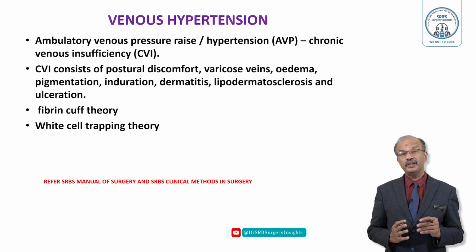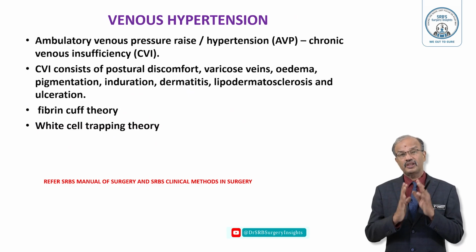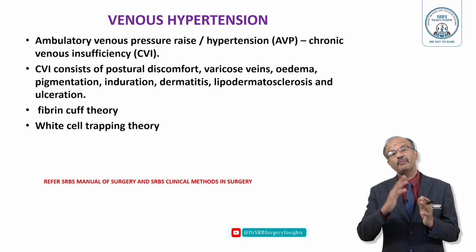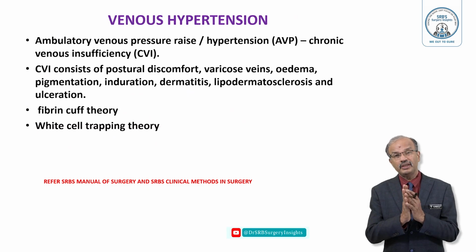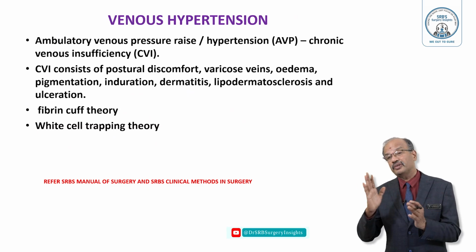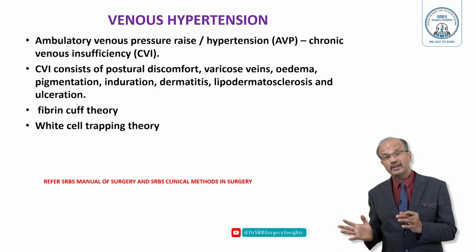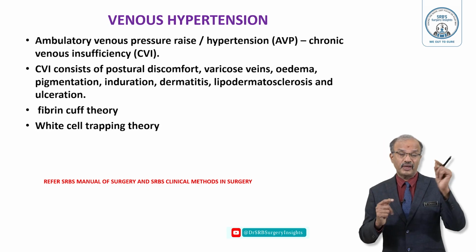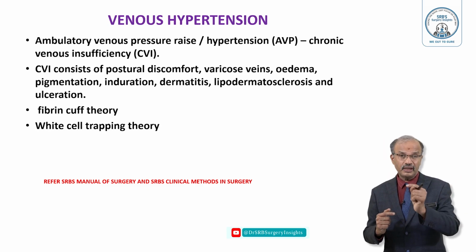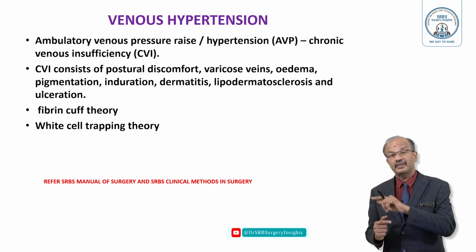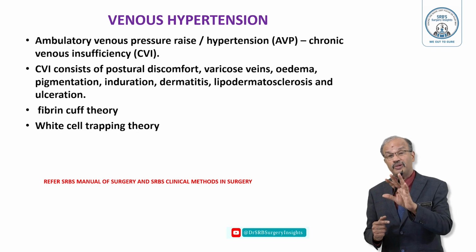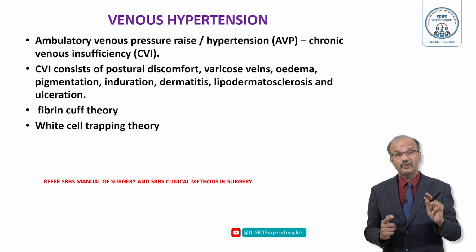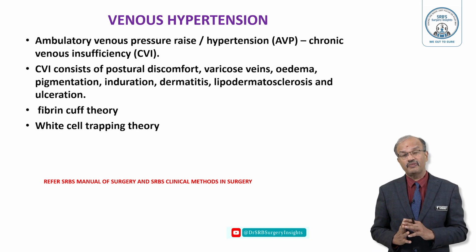And venous hypertension. Normally there is venous pressure, arterial pressure, capillary pressure. In the microcirculation, there is arteriolar pressure, venular pressure, and in between there is a capillary. So arteriole, capillary, venule: there is a peripheral circulation, a microcirculation complex. Pressure in these different areas is different.